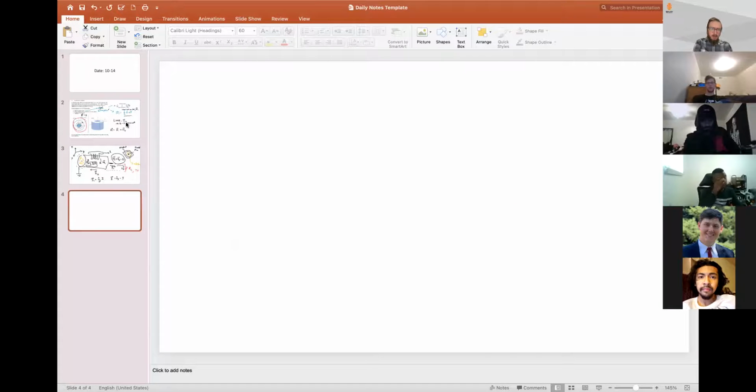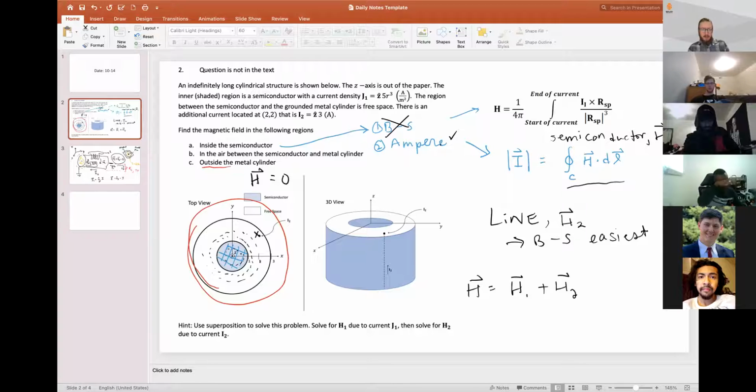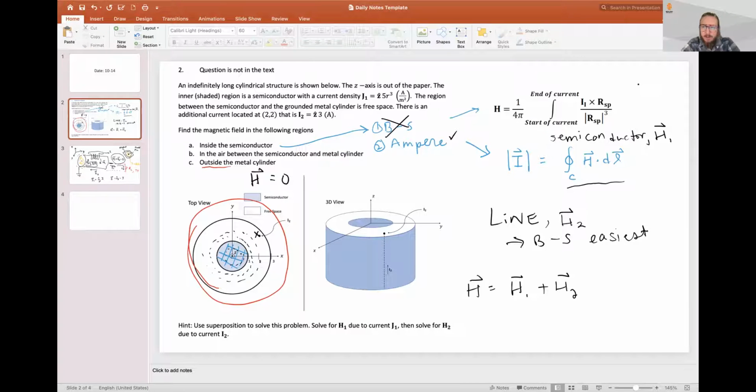All right, so let's move on and let's work on this problem. I'll give you a few minutes now. I think you've learned a lot about how to solve this problem. So try solving for a magnetic field for the current in the semiconductor, and then try solving for a magnetic field for the current in this line.